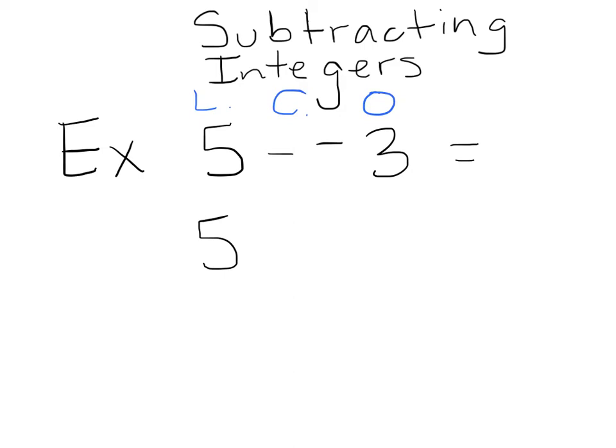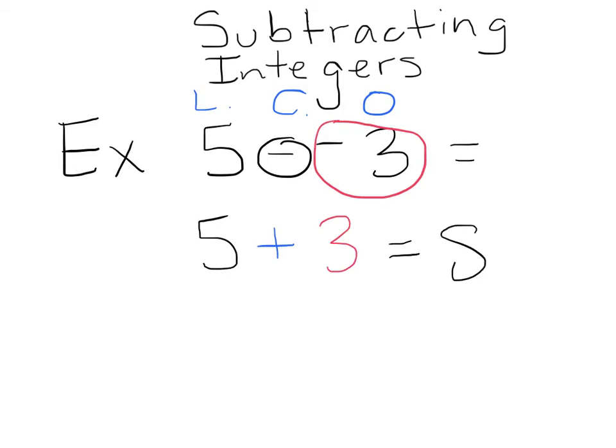I'm going to change this subtraction to an addition problem. Lastly, I'm going to find the opposite of -3, which is a +3. Now I can go back to my rules for adding, and since both of these are positive numbers, I can add them together. 5 plus 3 is 8. The answer would be a +8.